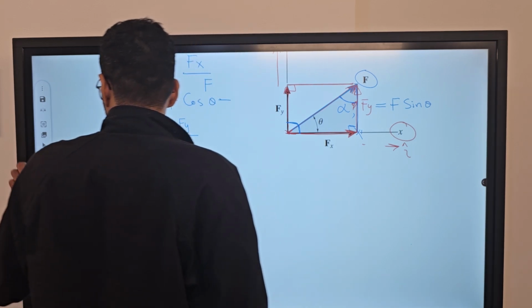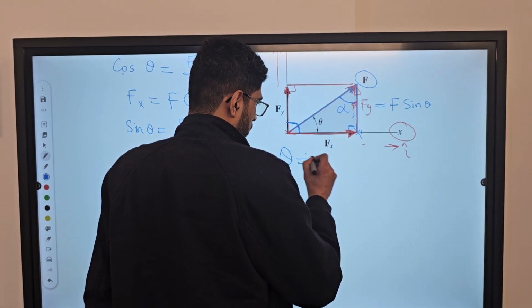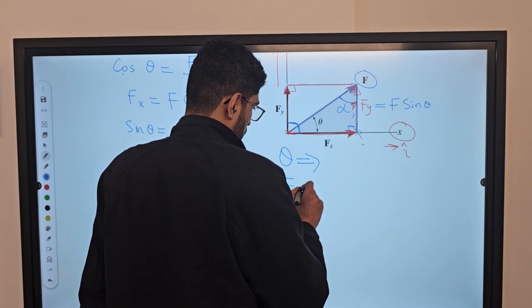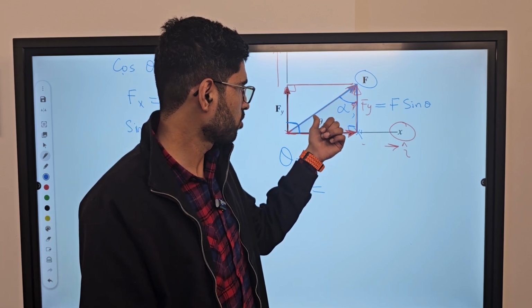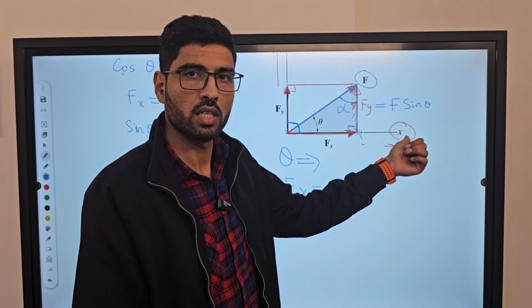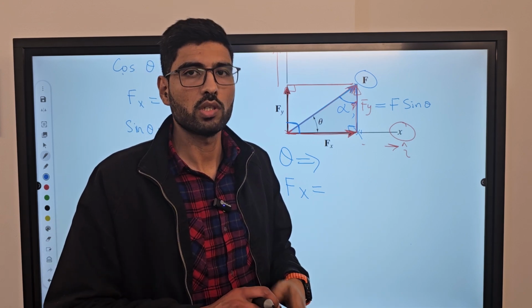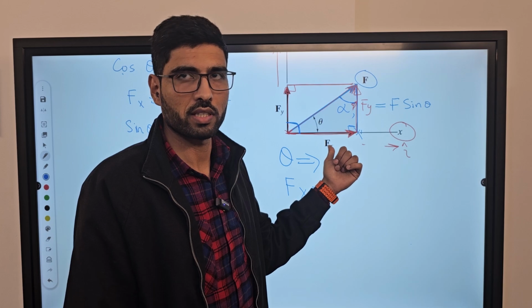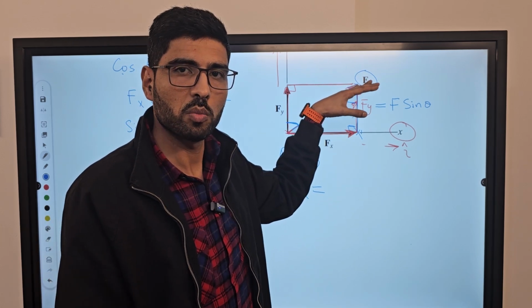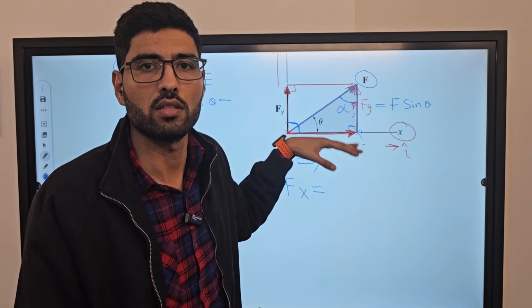Now if we are talking about the angle theta, you can see that the angle is made with the x-axis and f of x is acting along the x-axis. In other words, the angle is made with f of x. So if a given force is making an angle with the x-axis, then f of x is the cos component.